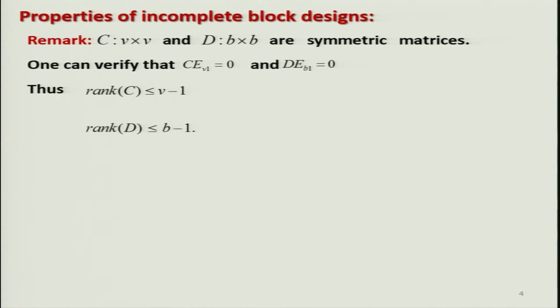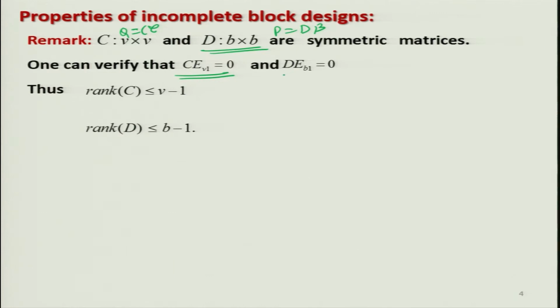Now if you remember, when we discussed the C matrix, we had proved that the row sums and column sums are 0, and similarly, consider the matrix D from P equal to D beta, and C was obtained from Q equal to 3 tau. So for the D matrix also one can prove that the row and column sums are 0.